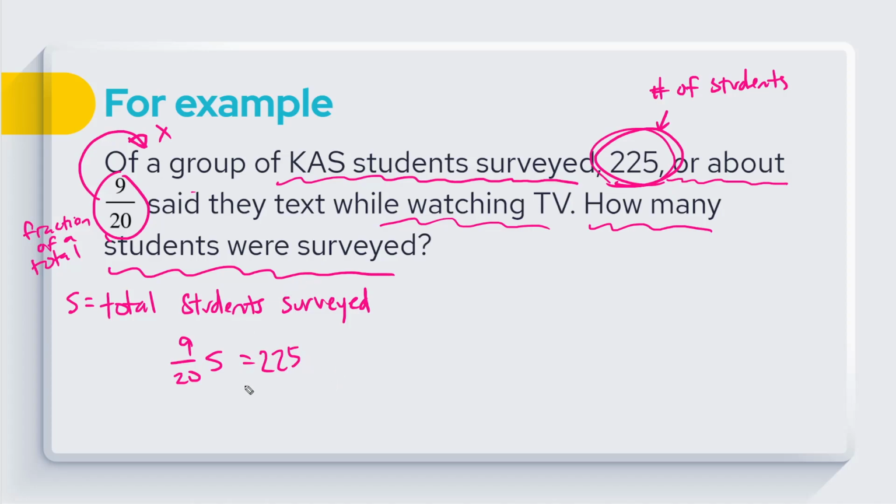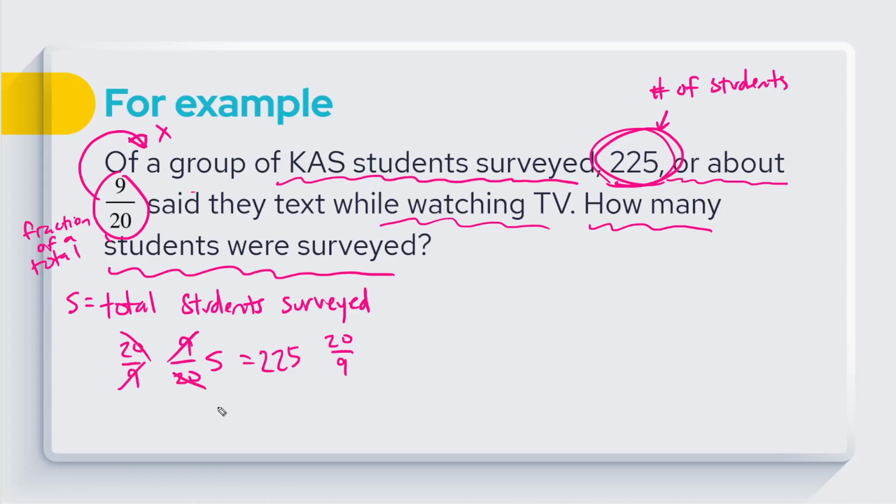So how can we solve this? Well, we can multiply both sides by 20 over 9. This is the multiplicative inverse, right?